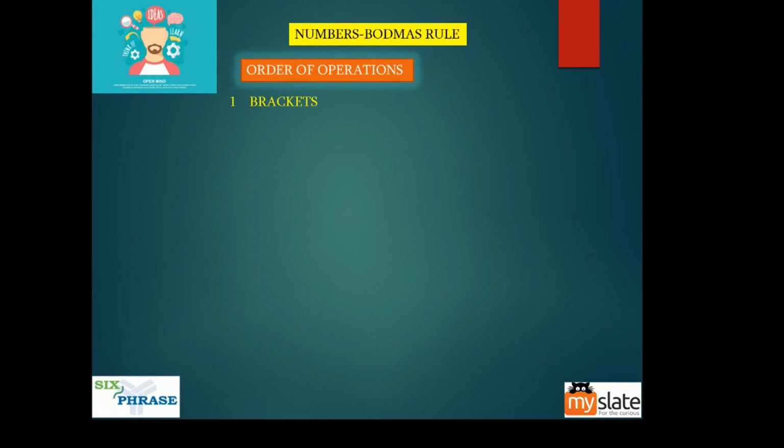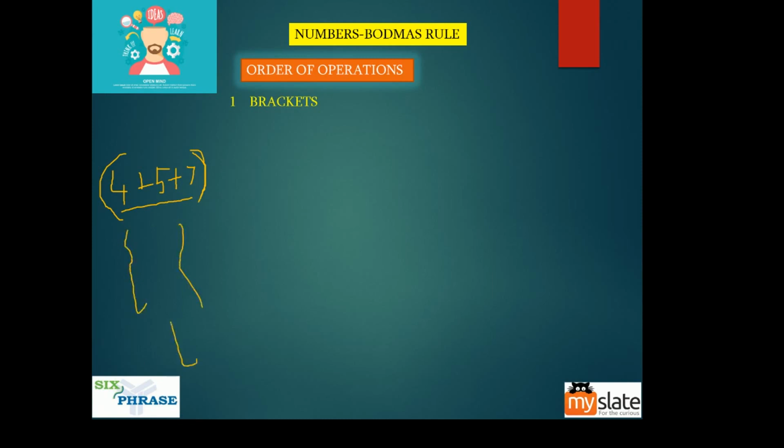If you have 4 plus 5 plus 7, you use a bracket to group all these three terms together. So that is the use of a bracket, be it this bracket or this bracket or this bracket.